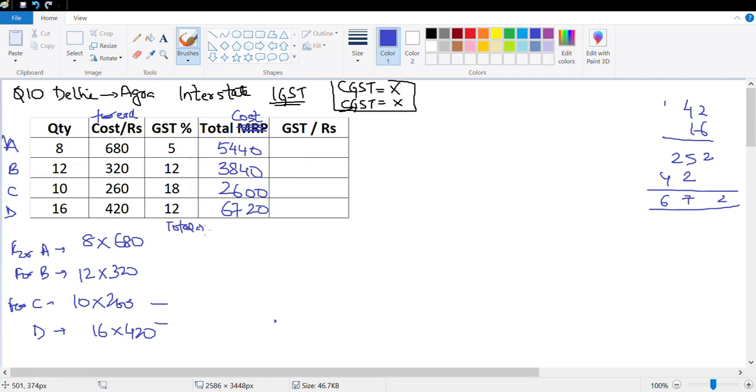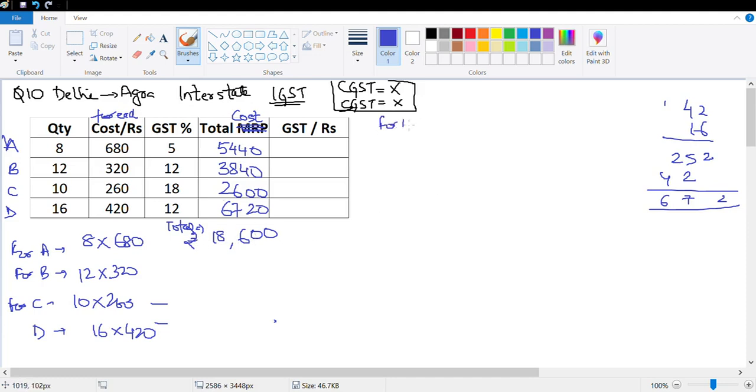So let me just total the total cost first. This is 18,600.